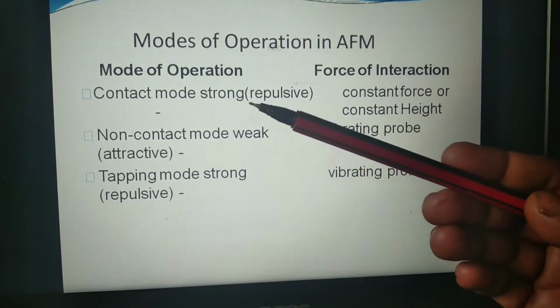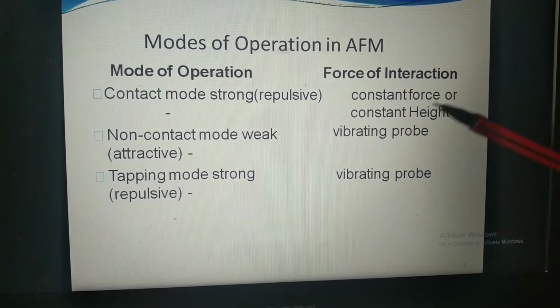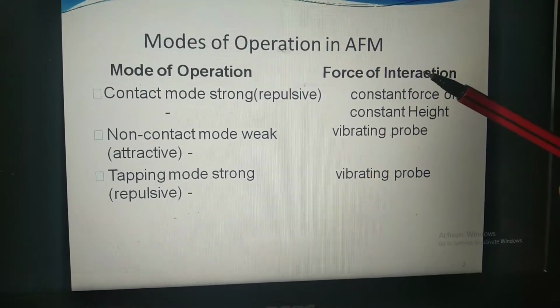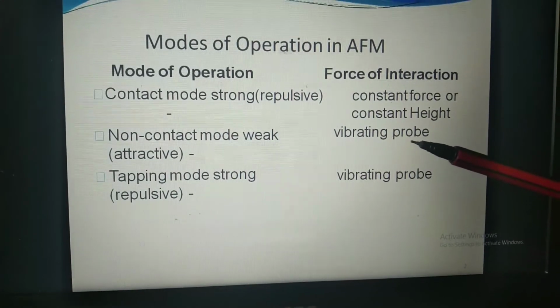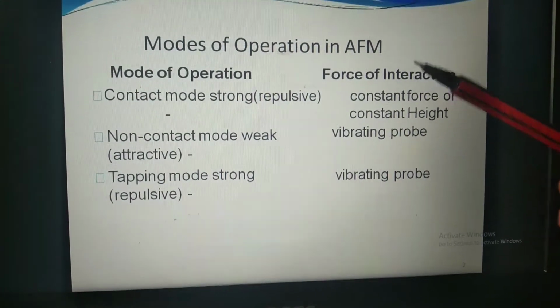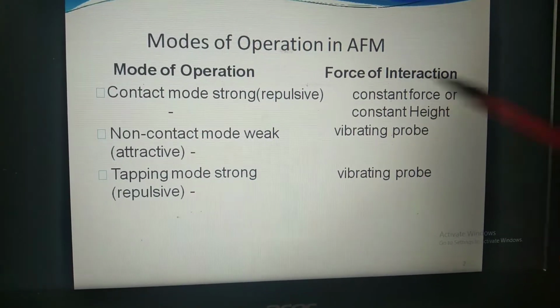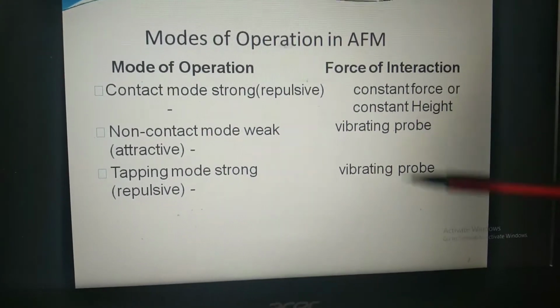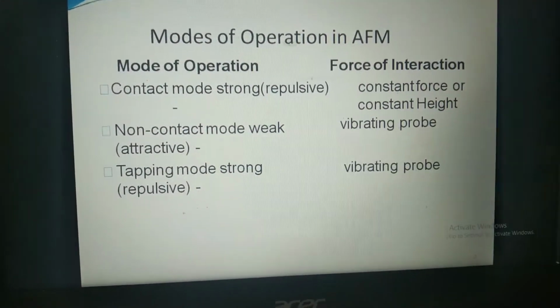For the contact mode, strong repulsive, we have constant force or constant height as the force of interaction. For the non-contact mode, we have a vibrating probe as the force of interaction, and the tapping mode also has a vibrating probe for the force of interaction.